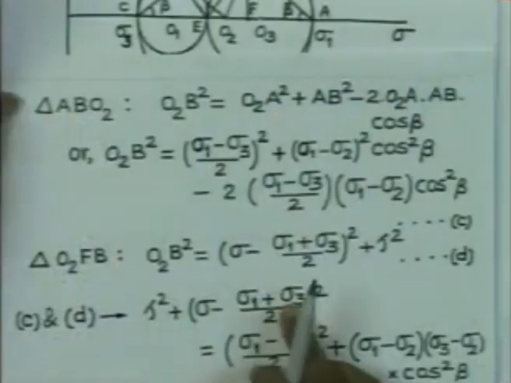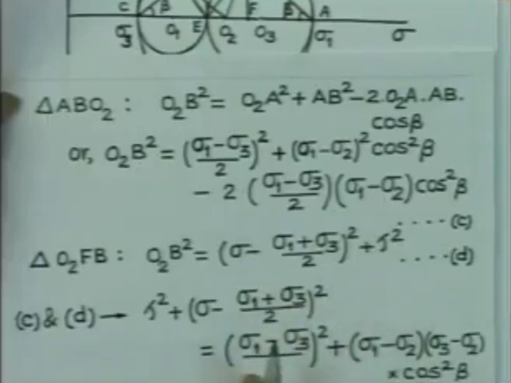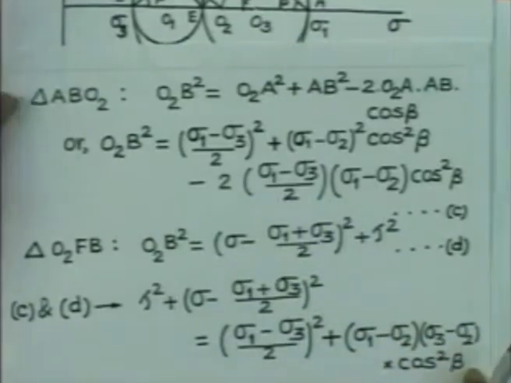Let us say that these two relations are C and D. Combining C and D, we get tau square plus sigma minus sigma 3 by 2 square is equal to sigma 1 minus sigma 3 by 2 whole square plus sigma 1 minus sigma 2 into sigma 3 minus sigma 2 into cos square beta.